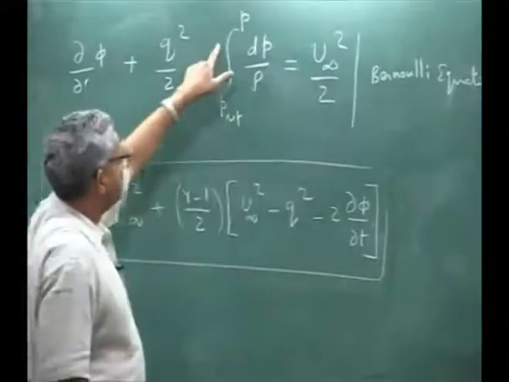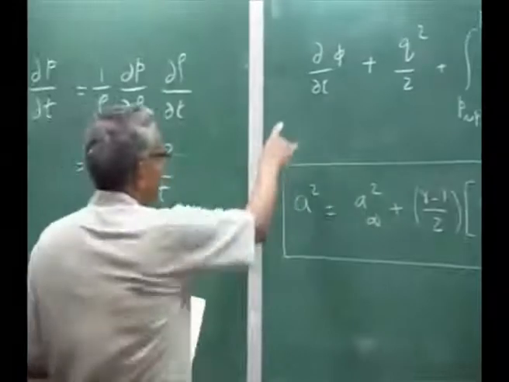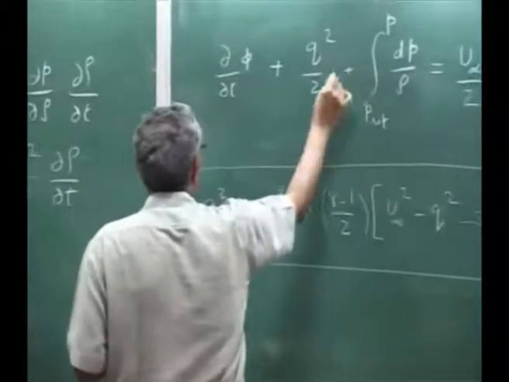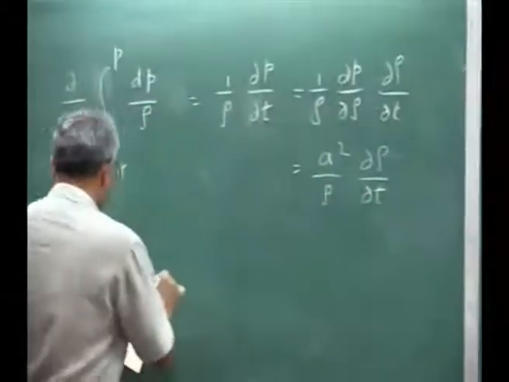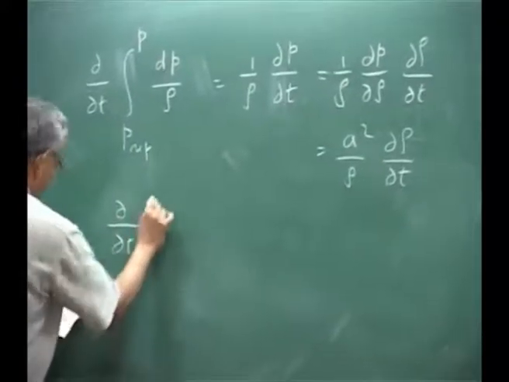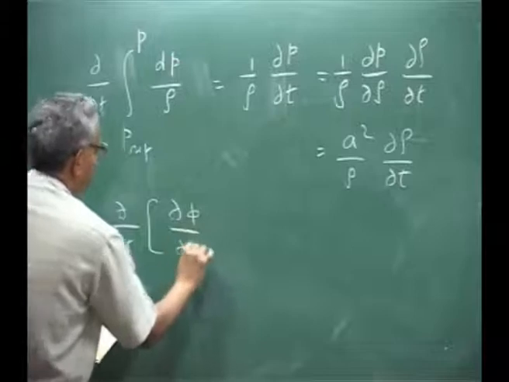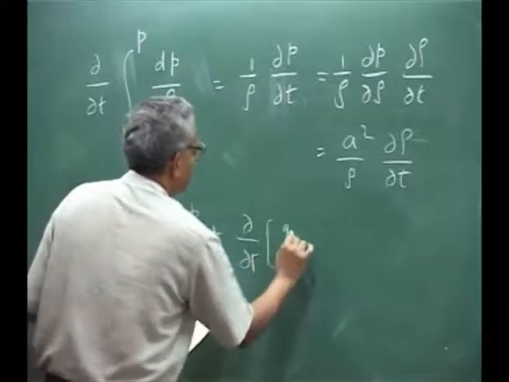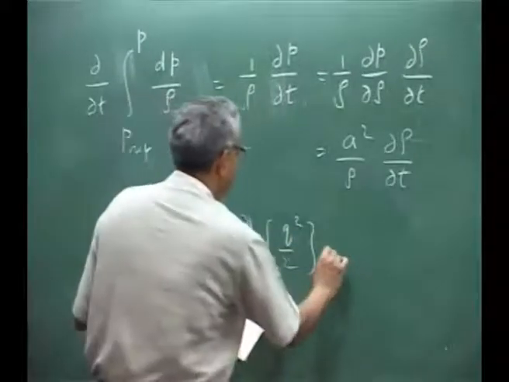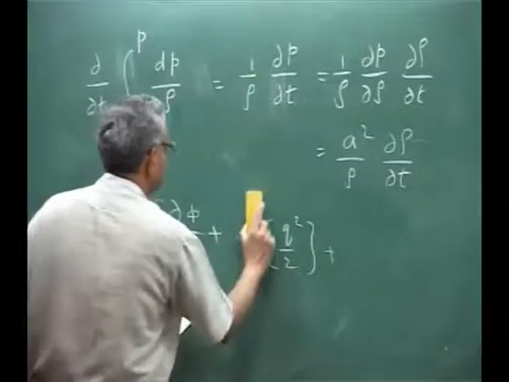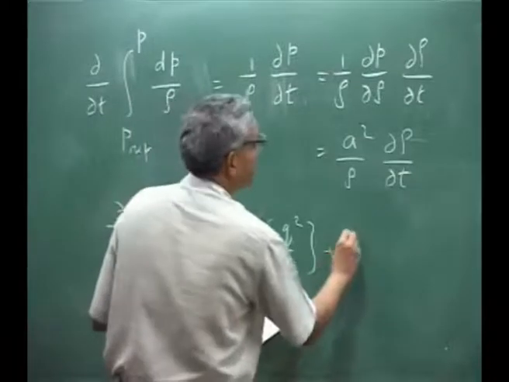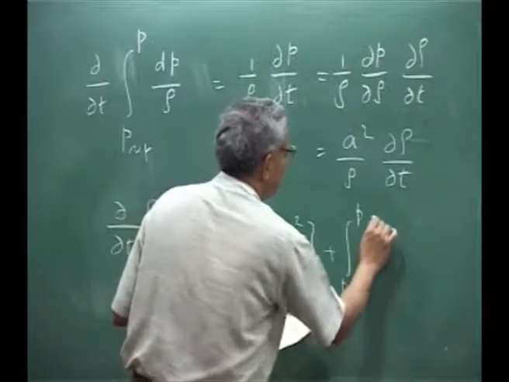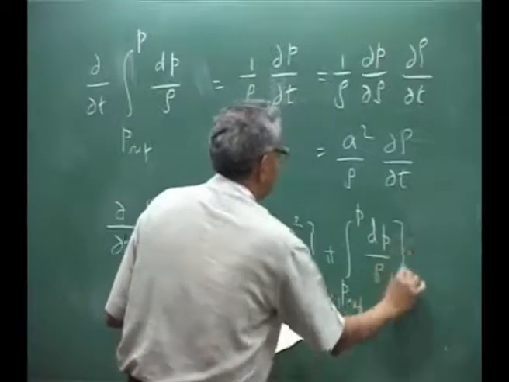So from this equation, if I do delta by delta t, I will get delta over delta t of delta phi by delta t plus delta by delta t of q square over 2 plus the integral from p reference to p.